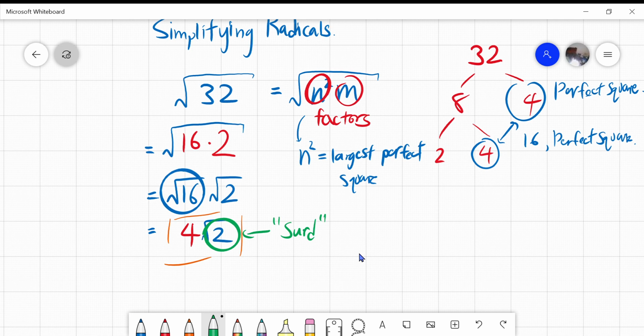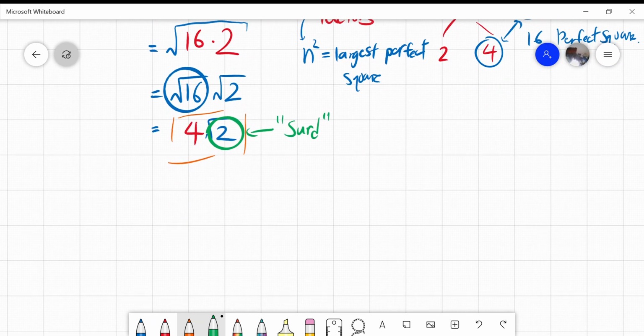Okay, so let's do another example. So let's say we got the square root of 18.